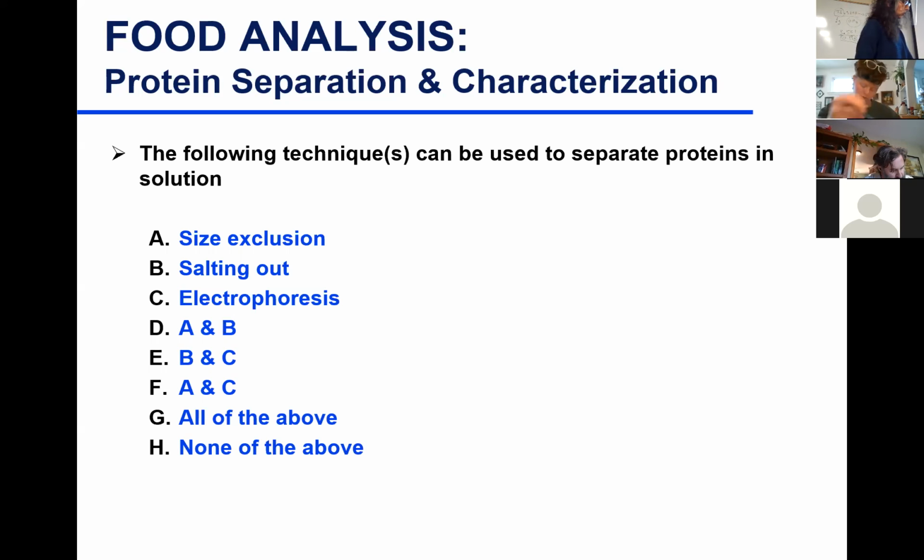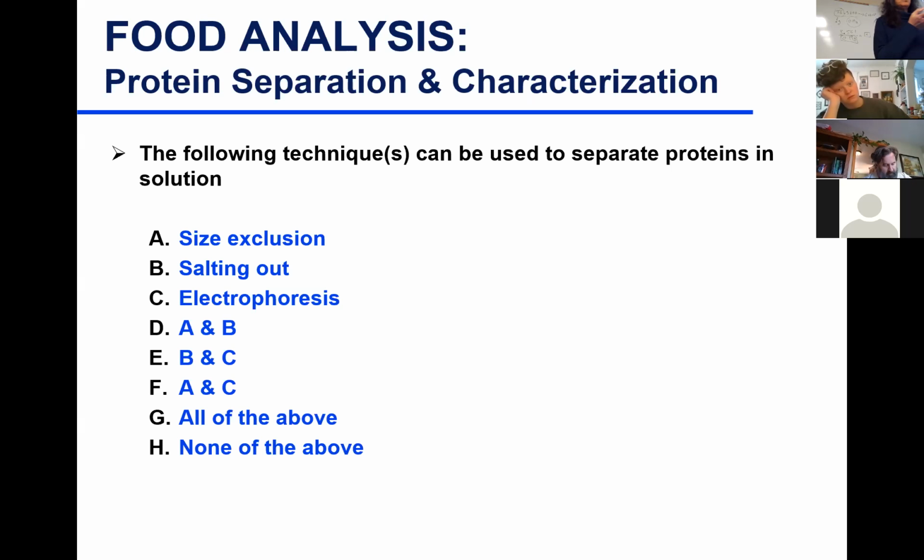So separation based on solubility can involve salting out, because some proteins can remain soluble, let's say at 0.1 molar ammonium sulfate, but other proteins at 0.1 molar ammonium sulfate will precipitate. Why?